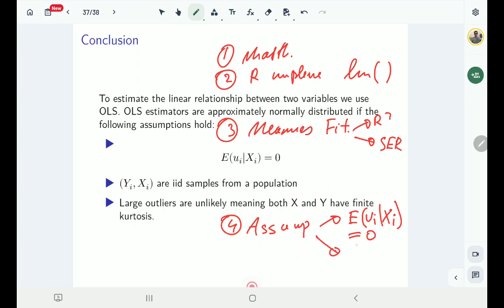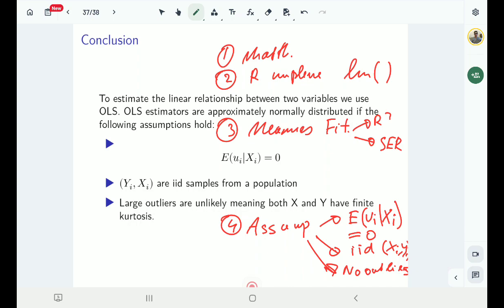Second assumption is that you have an IID sample of xi and yi. And the third assumption was no outliers, because the OLS estimators are very sensitive to outliers, so we want to make sure that there is no outlier, or alternatively, in mathematical lexicon, you can say that you have finite fourth moments of the data, or the variables actually.